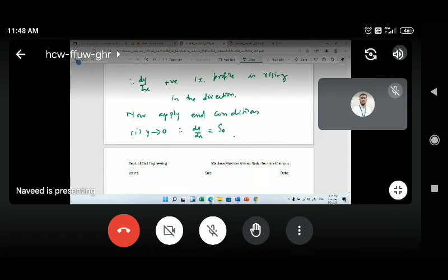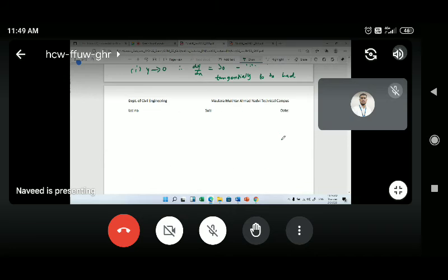By applying the equation, it means that the profile starts from the bed of the channel, tangentially, because dy/dx is S0, tangential to the bed. It means that it will start from the bed of the slope.